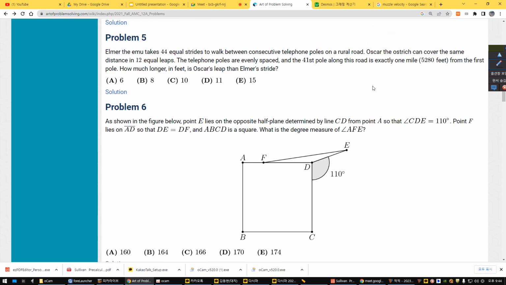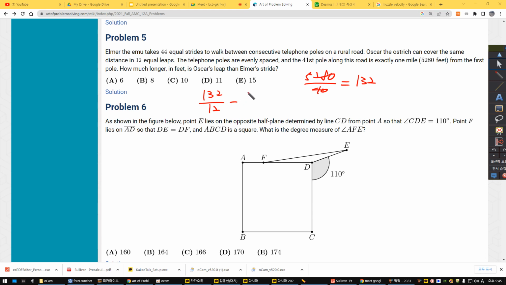Yeah, number 5. Yeah, what's this value?